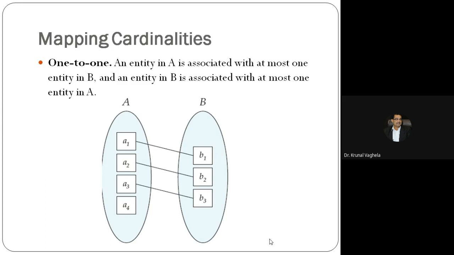At most one means it can be 0 also, but maximum 1. And an entity in B is associated with at most one entity in A. 1 to 1, both sides. A to B 1, B to A 1.